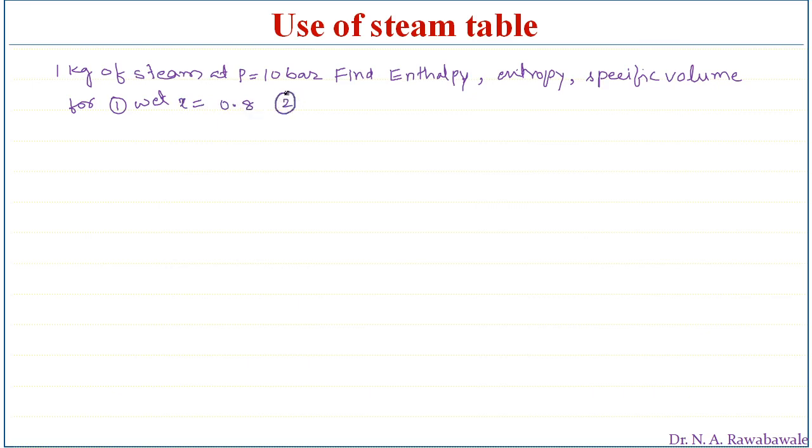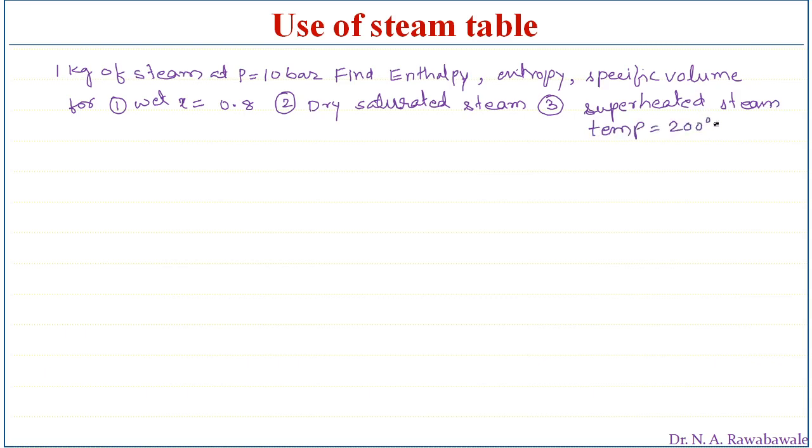Second, we find out these properties, enthalpy, entropy and specific volume, for dry saturated steam. And third, specific volume, enthalpy and entropy for superheated steam, if the temperature of steam is equal to 200 degrees Celsius.